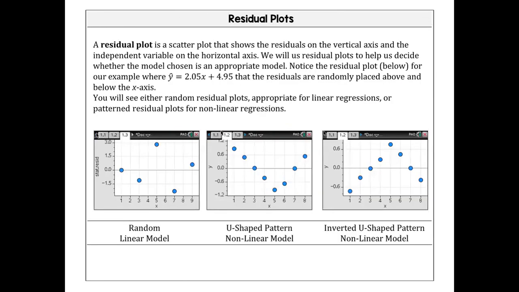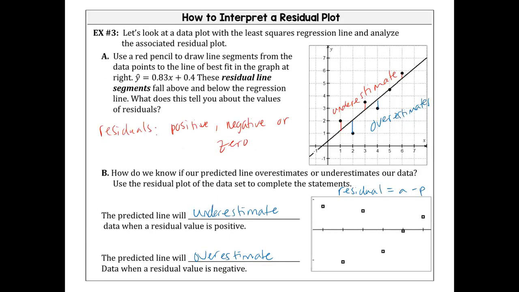If we're reading just a residual plot, we want it to be scattered around the x-axis, okay? That's how we know it's a good linear model. If it is not scattered, but making some type of V or U pattern, that tells us that a linear model is probably not the best fit. Does that make sense? Okay, all right.